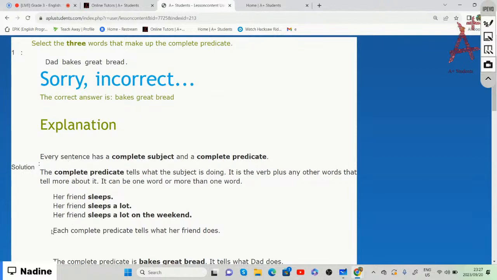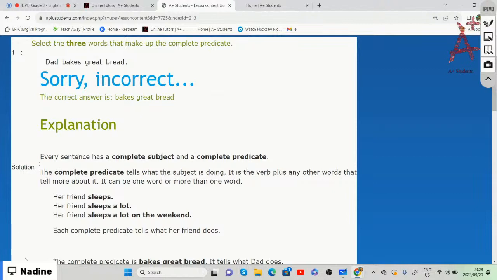So in this case, the subject is her friend. And our predicate, which is our verb, right? So either there's just a verb, just a doing thing, or you are underlining the predicate, which is the verb plus any other information that tells us about the subject.